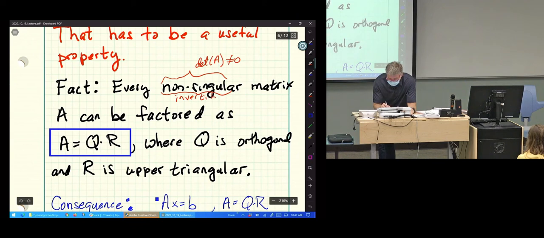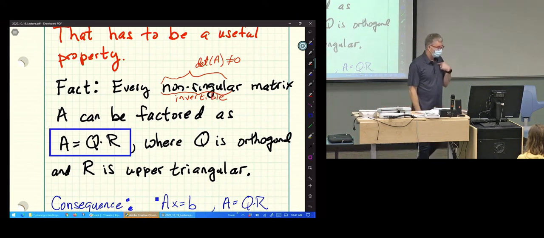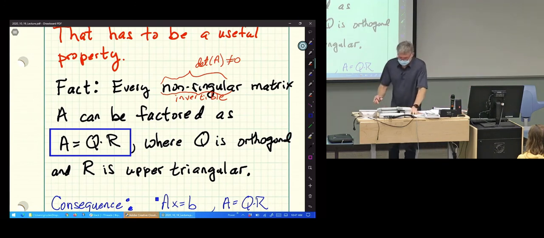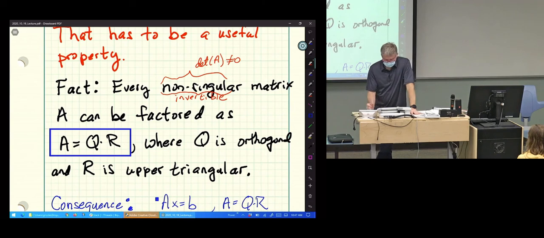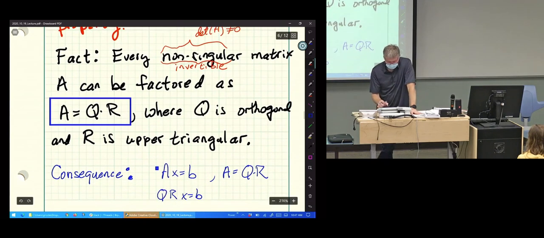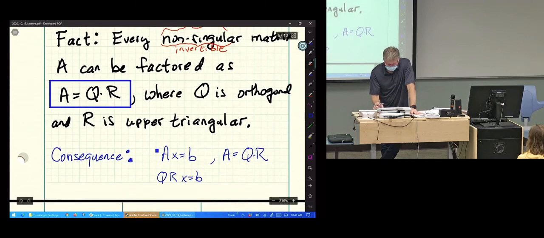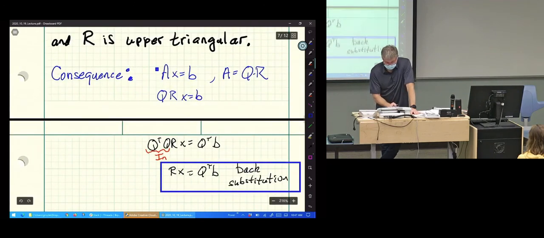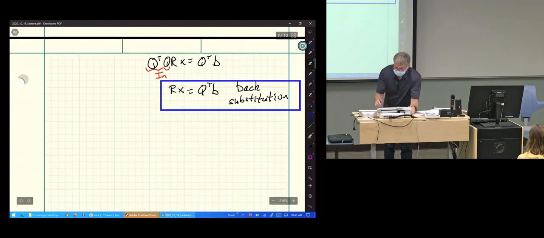I don't think we'd used that vocabulary, non-singular. That's my fault. Okay. So if A has a non-zero determinant, so it's invertible, it can always be factored as an orthogonal matrix times an upper triangular, and that makes solving linear equations trivial, because you multiply both sides by a transpose.